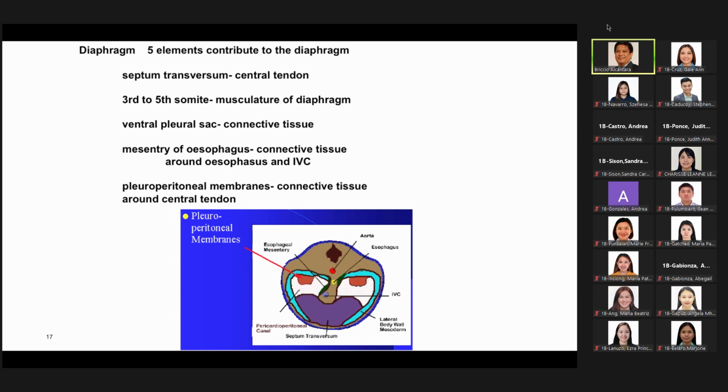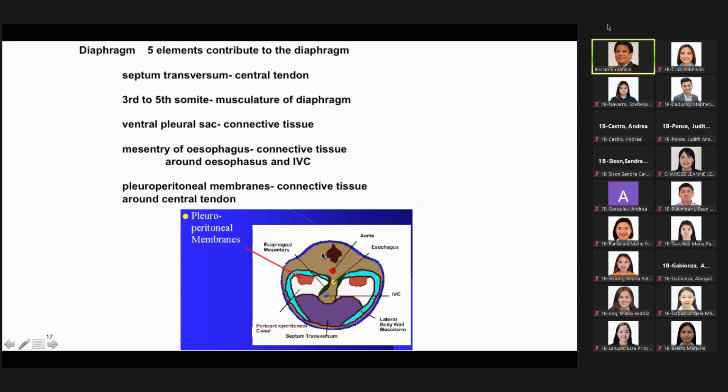The 3rd to 5th somite will be the musculature of the diaphragm. The ventral pleural sac will be your connective tissue. The mesentery of the esophagus will become the connective tissue around the esophagus and your inferior vena cava. The pleuroperitoneal membrane will become the connective tissue around the central tendon.